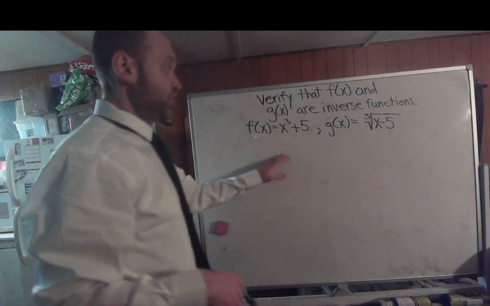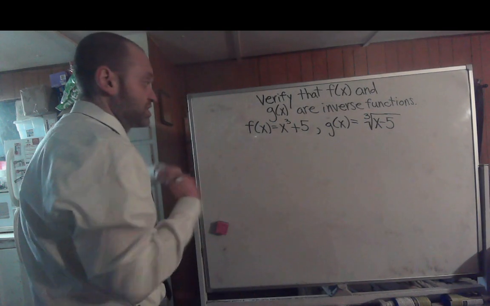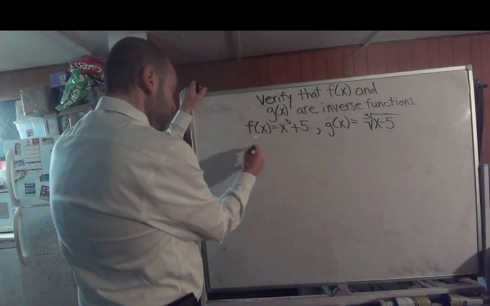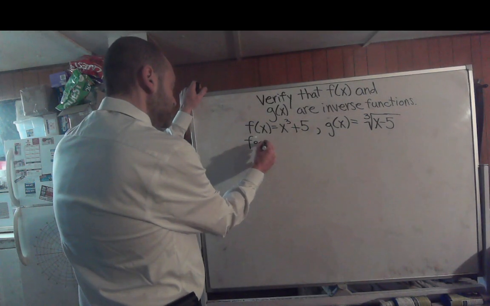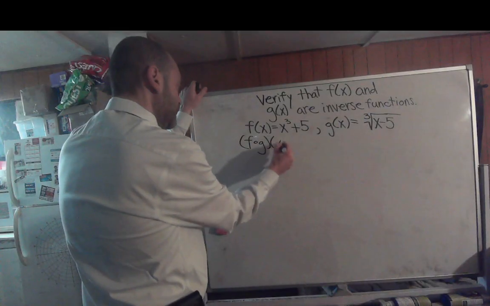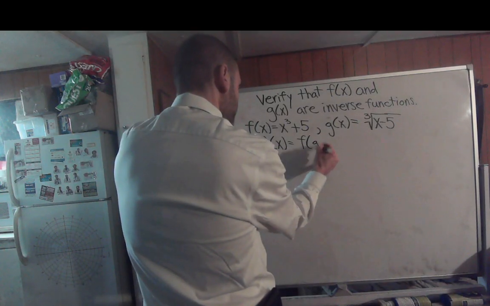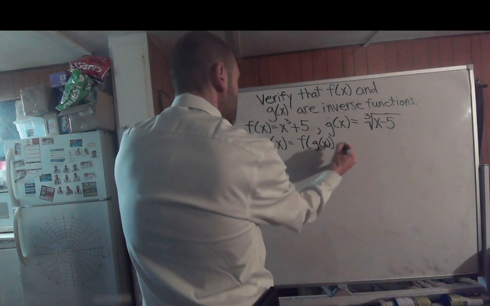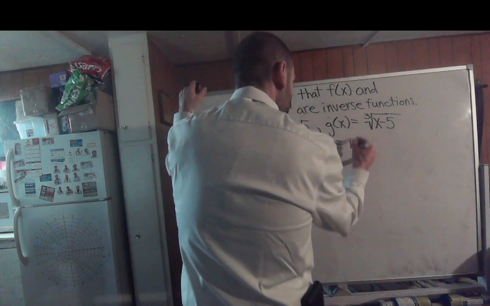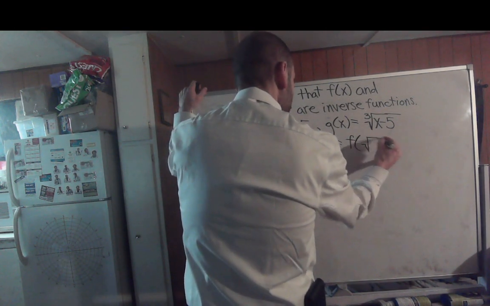So we want to show that these two are inverse functions of each other. So we're going to take f composition g of x, which would mean f of g of x, which would mean f of that cube root of x minus 5.